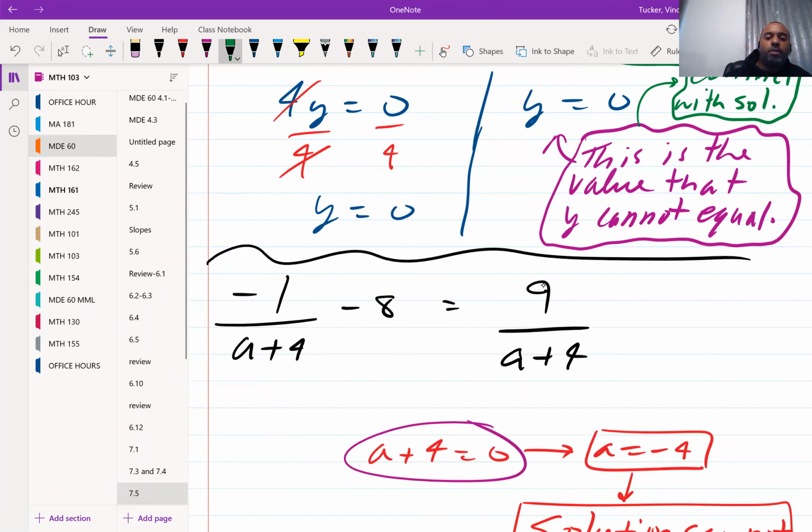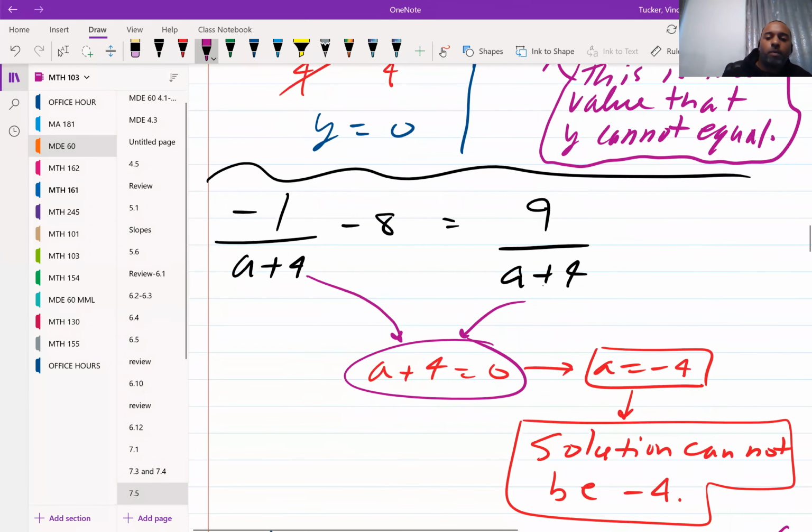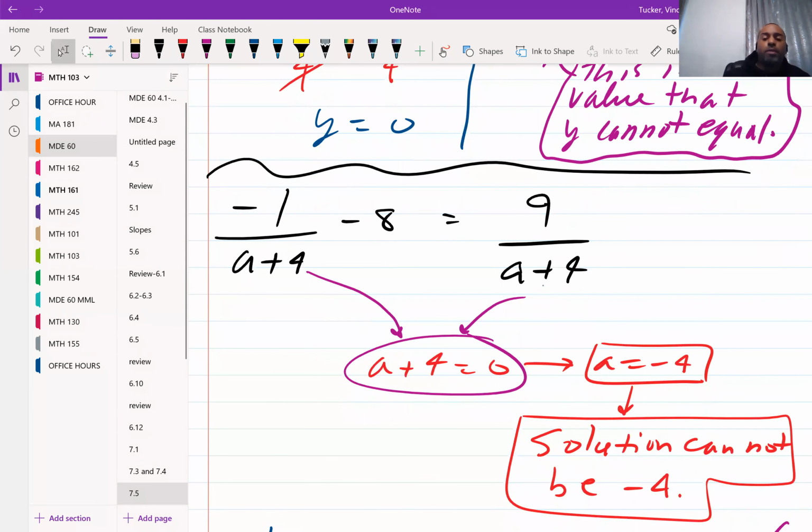Our only denominator was a plus 4. So I set it equal to 0 and solved and got negative 4. So this means that our solution cannot be negative 4. If I were to plug negative 4 in for a, negative 4 plus 4 is 0. We cannot have 0 in our denominator.